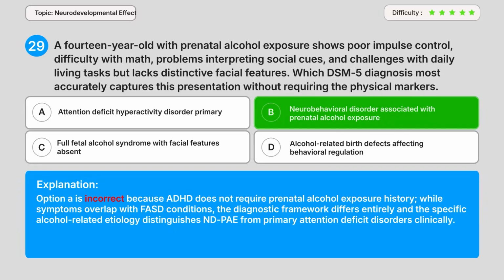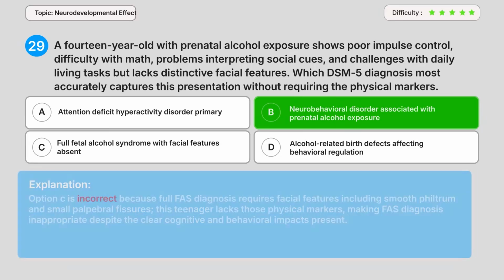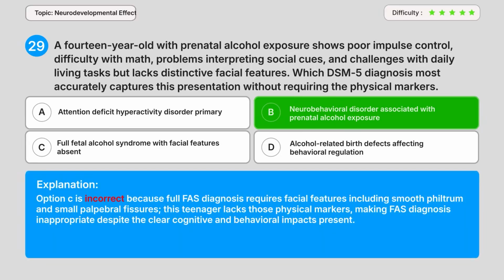conditions. The diagnostic framework differs entirely, and the specific alcohol-related etiology distinguishes ND-PAE from primary attention deficit disorders clinically. Option C is incorrect because full FAS diagnosis requires facial features, including smooth philtrum and small palpebral fissures.